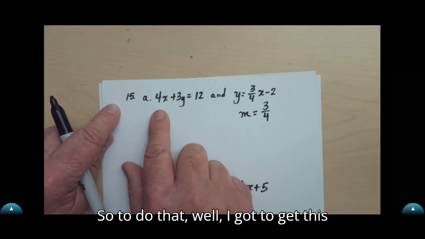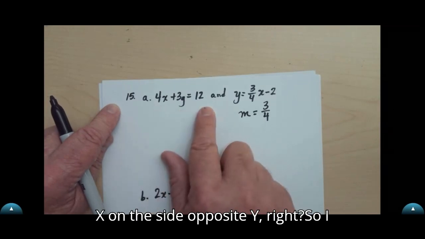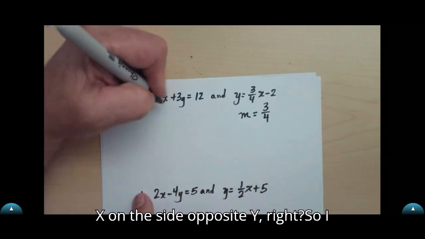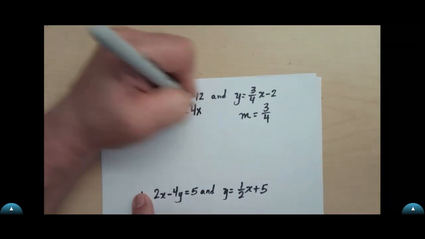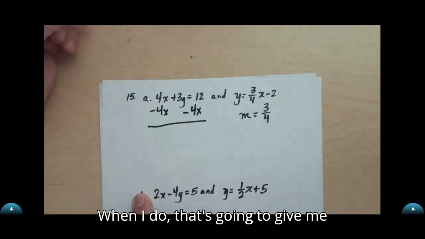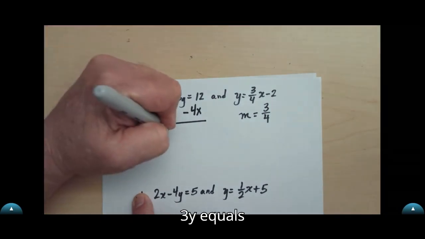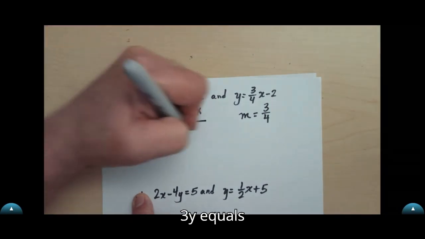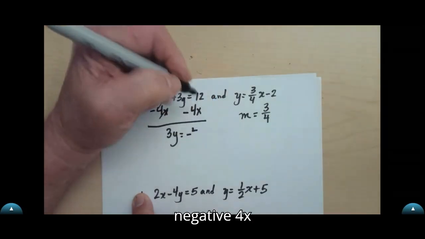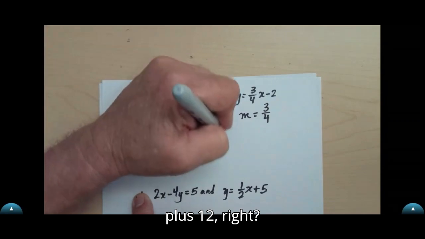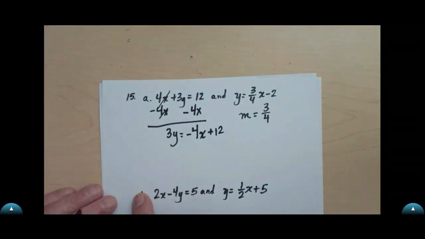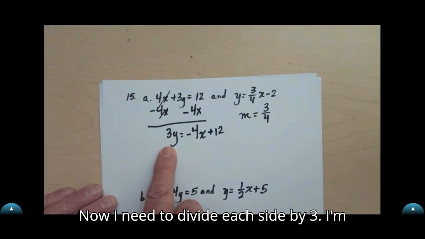So to do that, I've got to get this x on the side opposite y, right? So I need to subtract 4x on each side. When I do that, that's going to give me 3y equals negative 4x plus 12, right? Now I need to divide each side by 3.